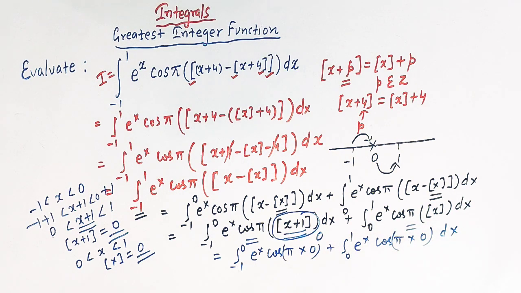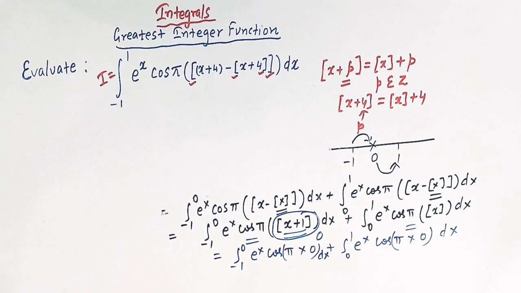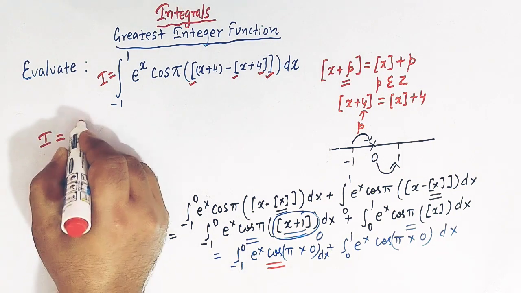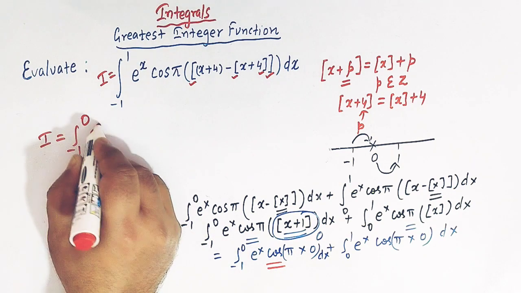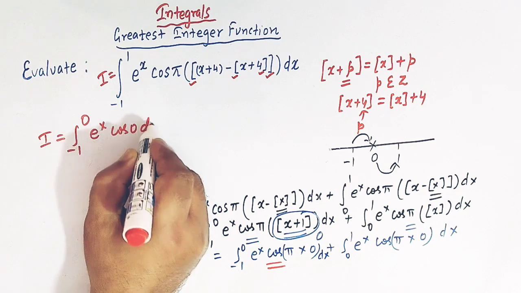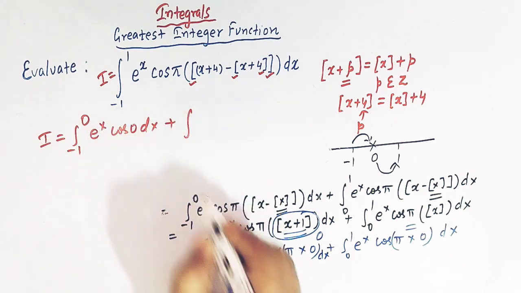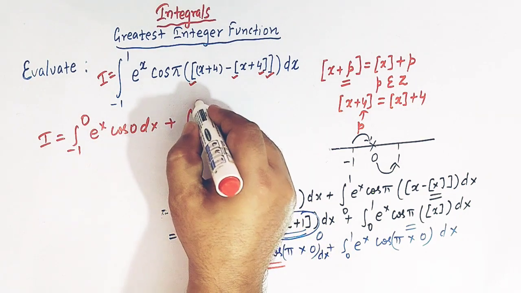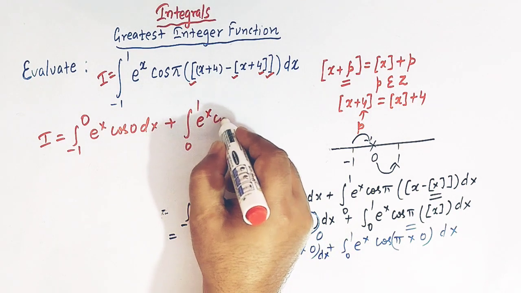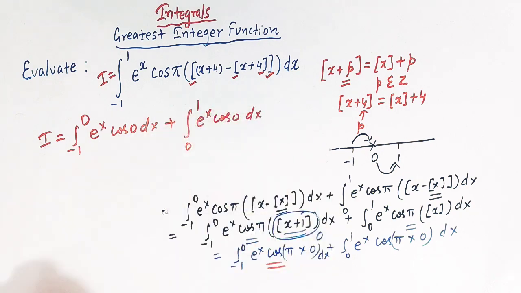And here we have dx, here also we have dx. So now here we have I is equal to -1 to 0 e raised to x, and we have cos of pi times 0, that is cos 0 dx, and here we have minus 0 to 1 and e raised to x, and here we have again cos of 0 dx, right?